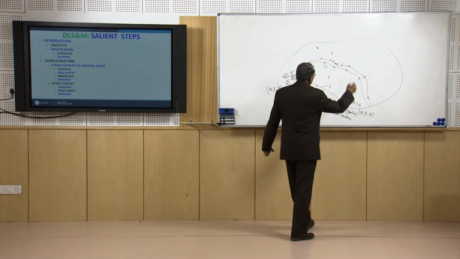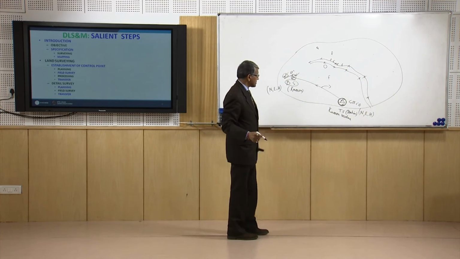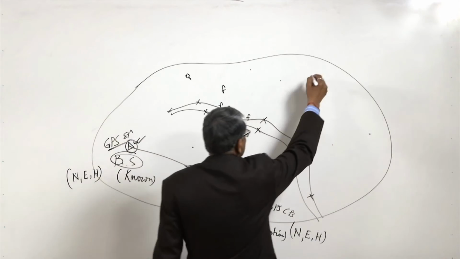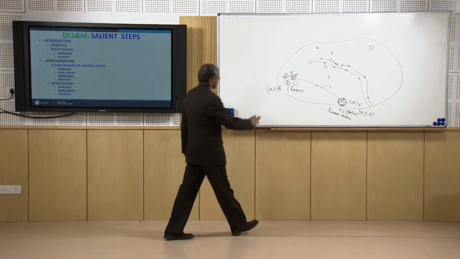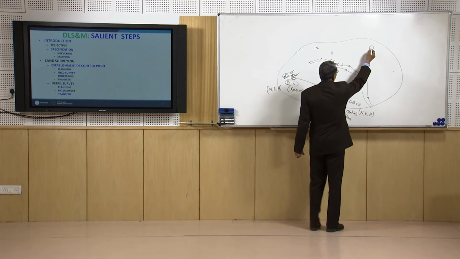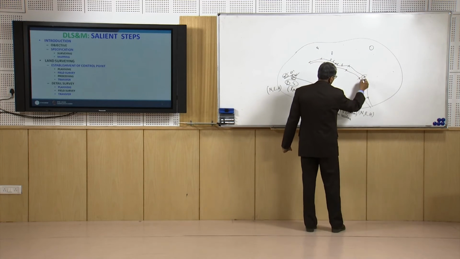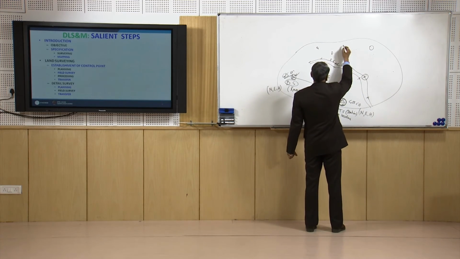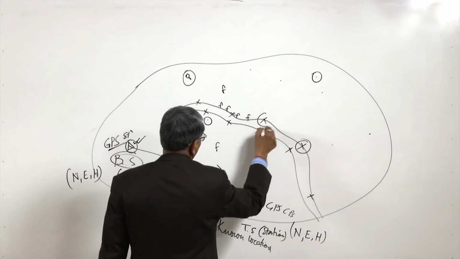There may be some area that may not be visible from this side, so next we will set up our instrument somewhere here. Now because there is no control point here, the location of this will be established from the already known points. Suppose this is known, this is known, this location is known, and this location is known.